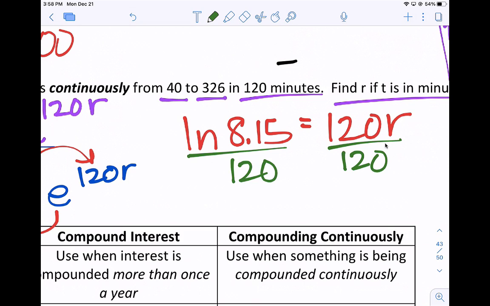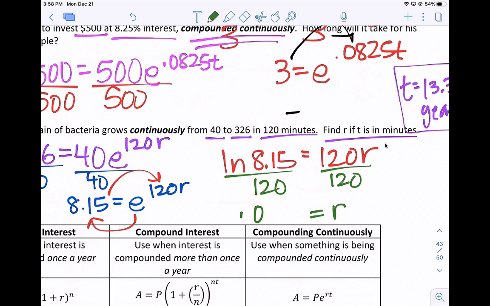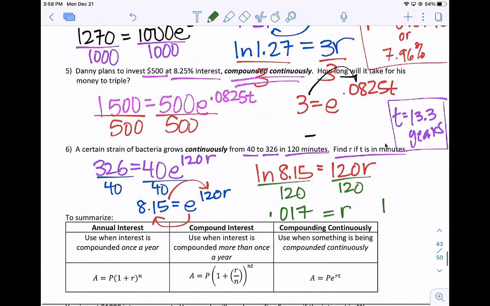So in your calculator, you'll do ln of 8.15 divided by 120. Get your rate. I'm just going to type it in. And I get about 0.017, or it's growing at a rate of 1.7%.